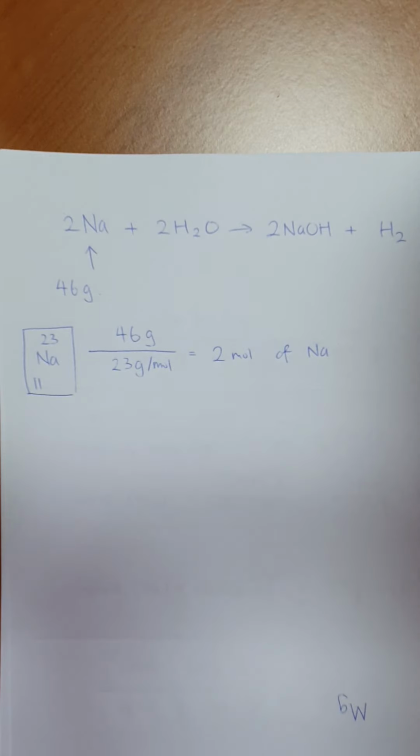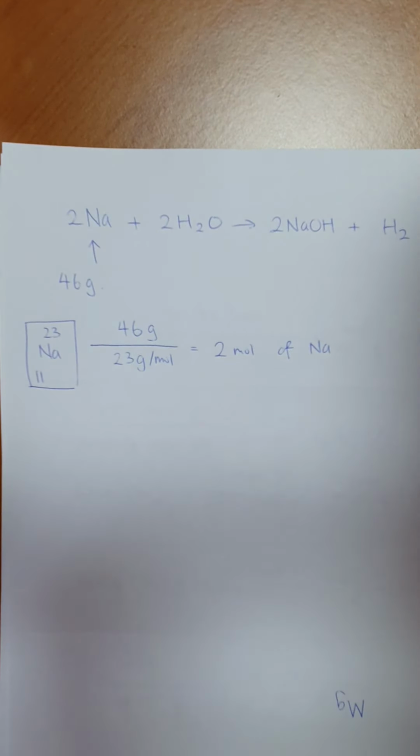So as always in every single type of mole concept question, the first step would be to convert into number of moles. So I know that sodium has a molar mass of 23 because the mass number is 23. The number of moles would be 46 grams divided by 23, which gives me 2 moles of sodium, right? So I've got 2 moles of sodium atoms.